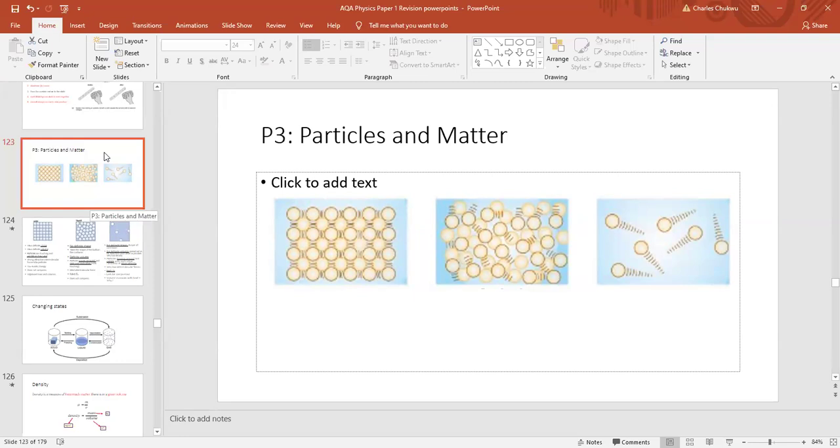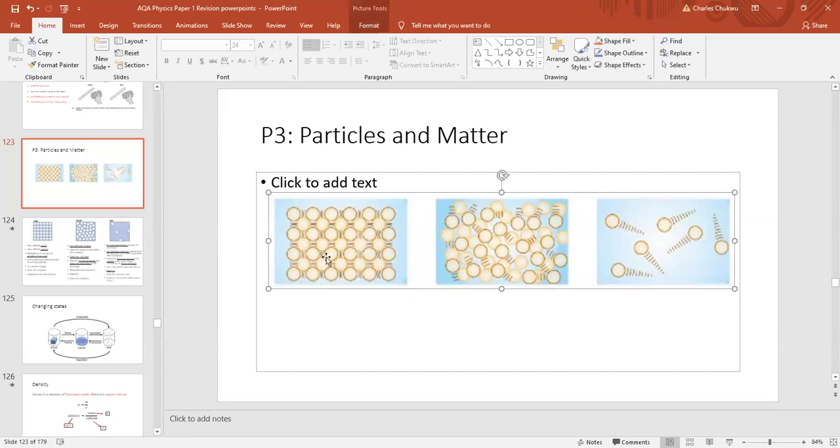All right, so I guess these diagrams look familiar. The first one reminds us of a solid because it's tightly packed and held in place by a crystal lattice. Liquids are not so tightly packed and they are freer to move. So that's why you see them like this.